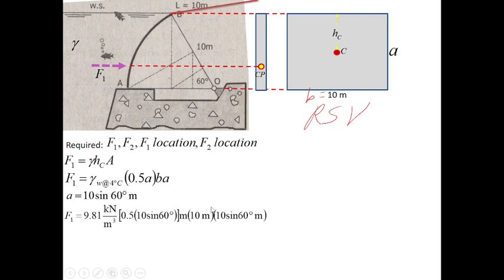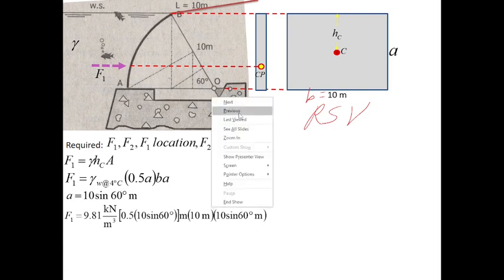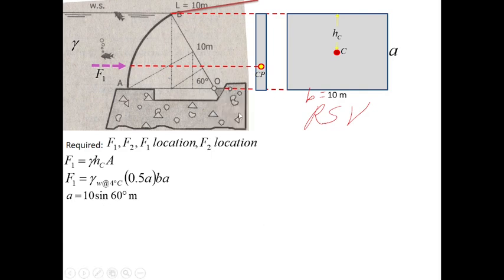So take note, this is 10, ito 10. Tapos ito yung 60 degrees. Tapos ito yung A, di ba? Ito yung A na yan, yung distance mula dito hanggang dito.